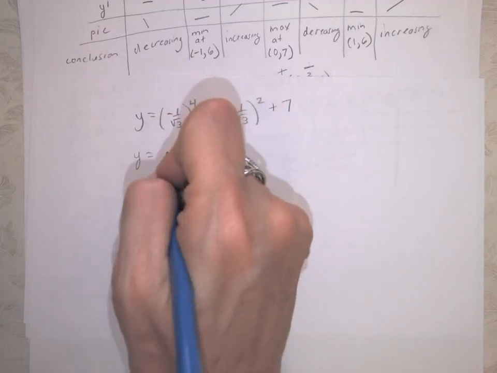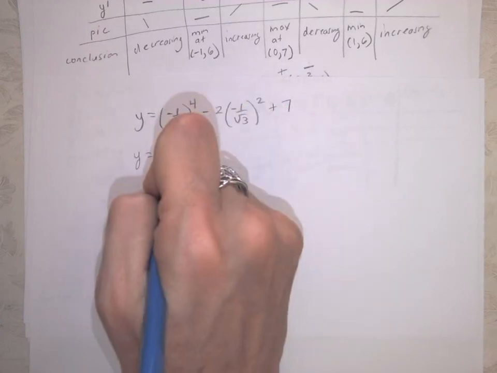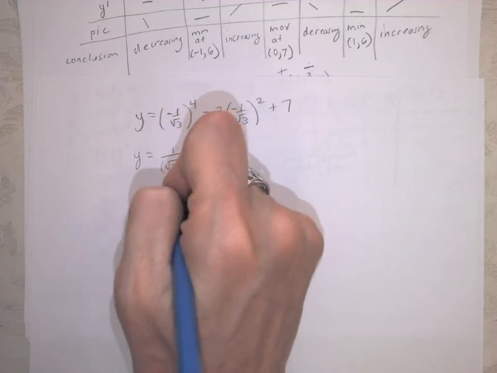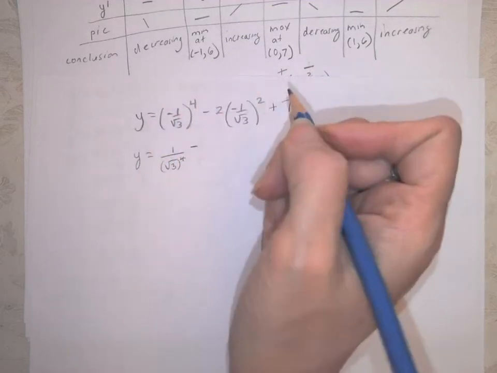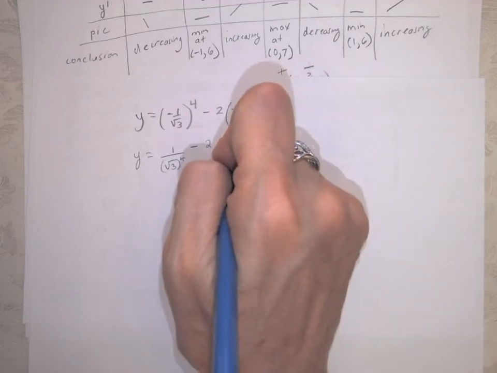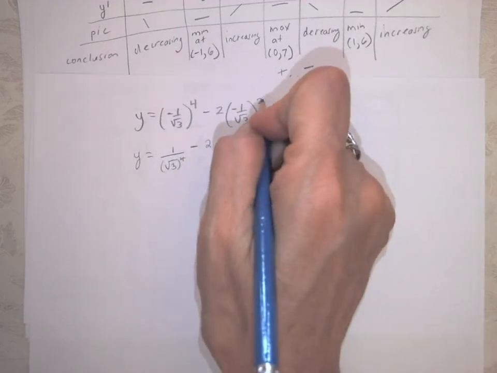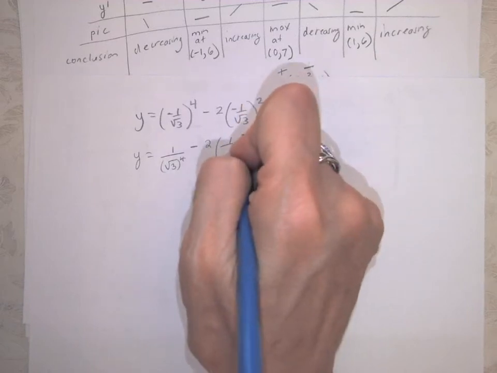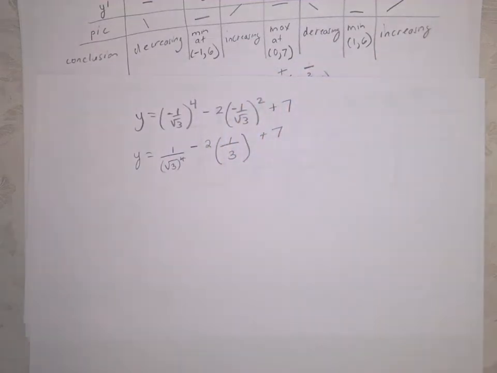So -1 to the power of 4 is +1. Root 3 to the power of 4, we'll think about that in a second. Minus 2 times -1 to the power of 2 is +1. And root 3 squared is 3. We do know that, plus 7.